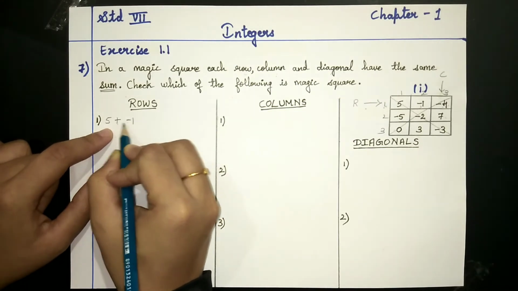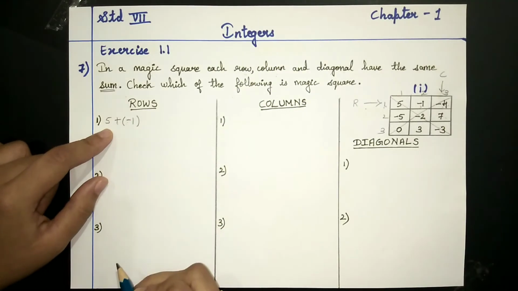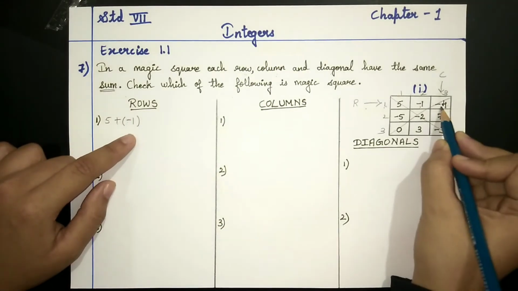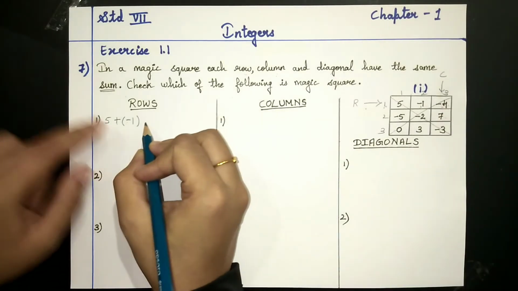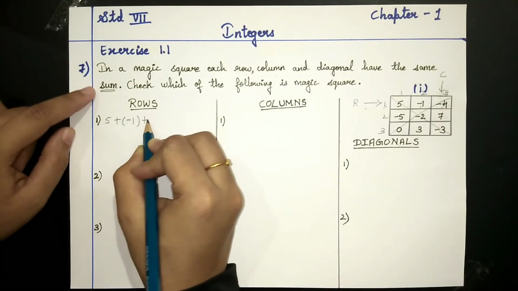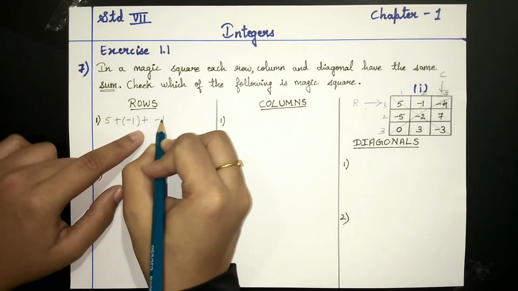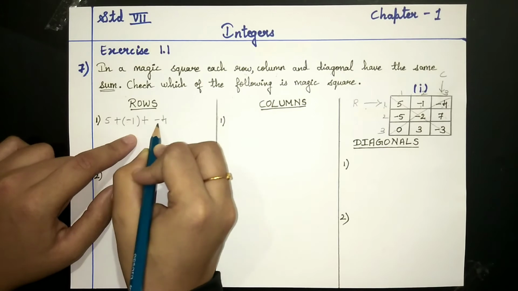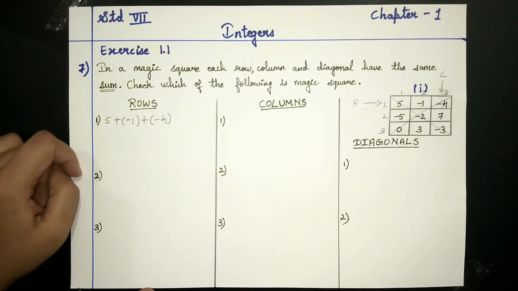Since there are two signs coming continuously here, let me put this minus 1 in a bracket, fine. Next, which number is there? Minus 4. So first we have to put addition symbol because they have asked us to do sum. After the addition symbol, write minus 4. Again, since the signs are continuously 2 here, let me put this in a bracket, fine.